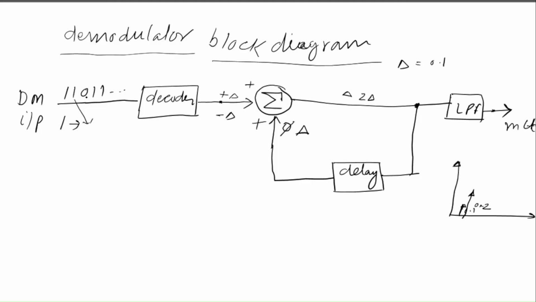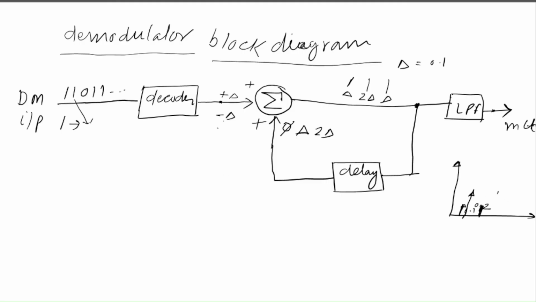Again it is 0, so it will give you minus delta here, and it is already delta, so minus delta and delta. If this 2 delta propagates here, it will become 2 delta. Now minus delta plus 2 delta is only delta. This is the first time slot, this is the second time slot, this is the third time slot. Only delta means this is the sample we are getting.